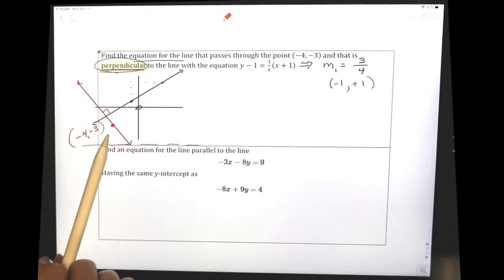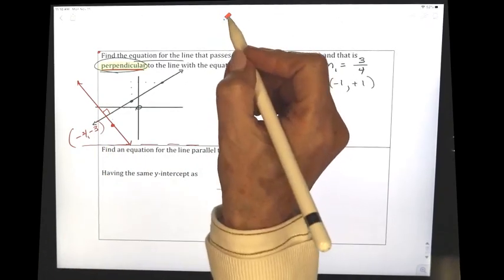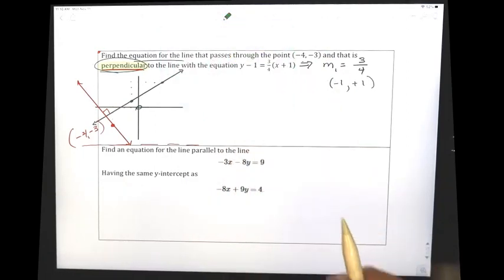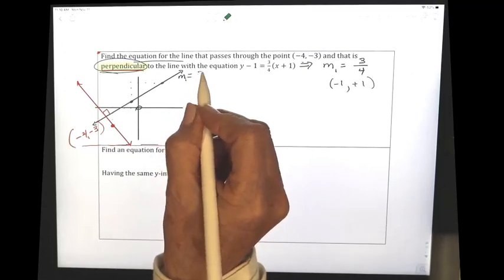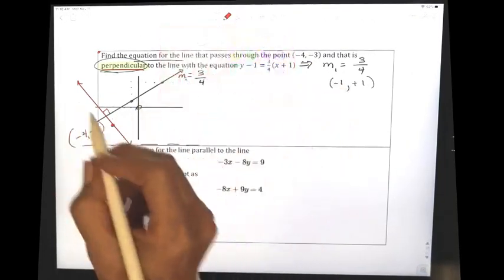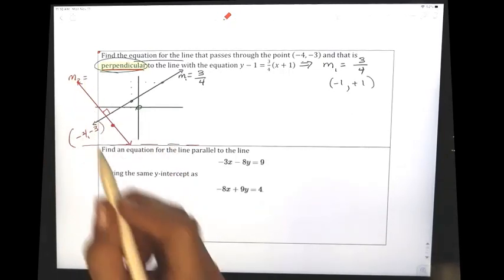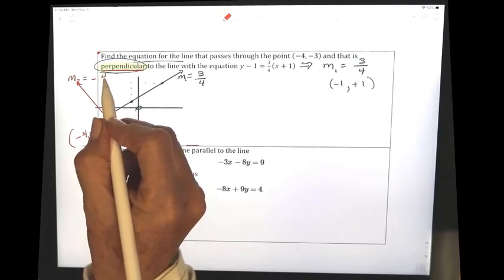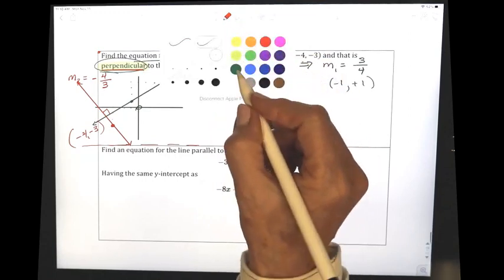It's passing through this point. And I know that the slope of the green line is 3/4. So what is the slope of this red line? That slope has to be the opposite sign, so negative, and the reciprocal number. So the slope of that second line is going to be negative 4/3.